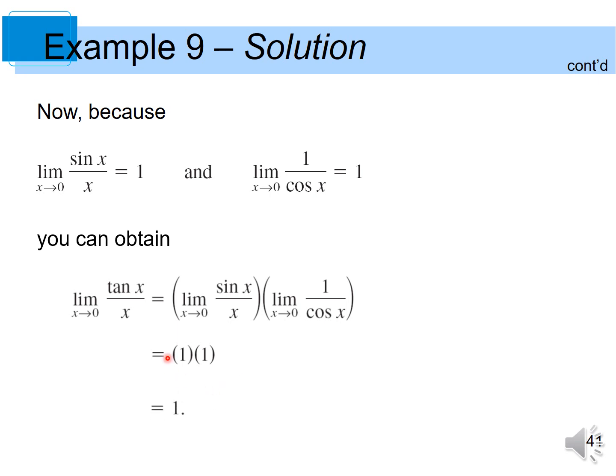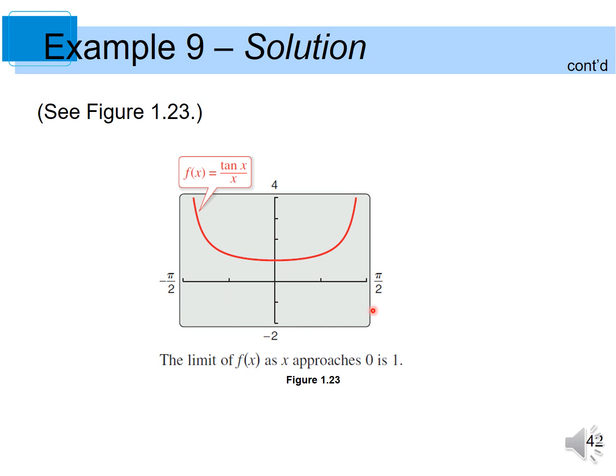So the limit of tangent x over x when x tends to 0 is 1. Look at the graph. This is a graph of tangent x over x, and the limit of f(x) as x approaches 0. So the origin, and then here is 1.